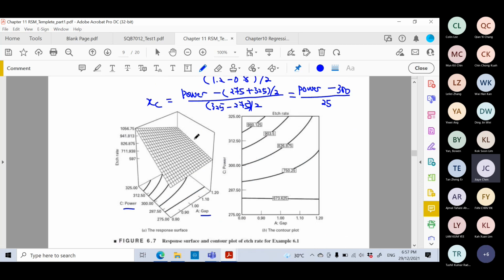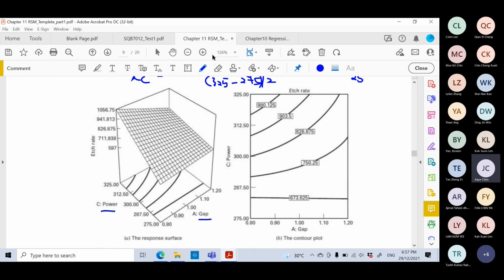From the following contour plot, what can we observe? Of course we know there's just a slant here. But if you go by the values, cutting line by line, you can see that if we are looking for the minimum, then you reduce the gap here and use the low power level, and you get the smaller value.